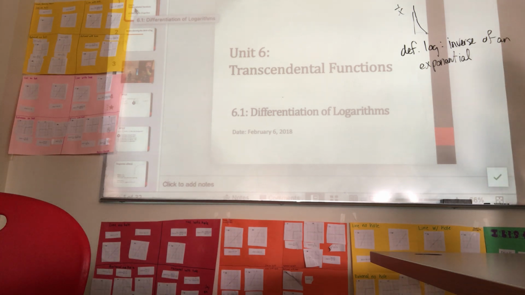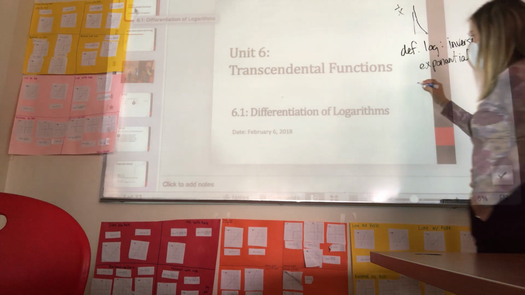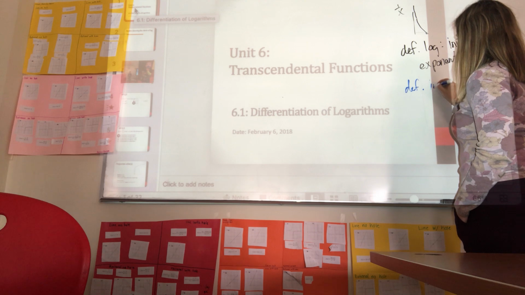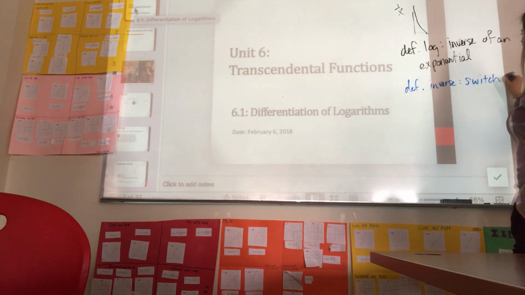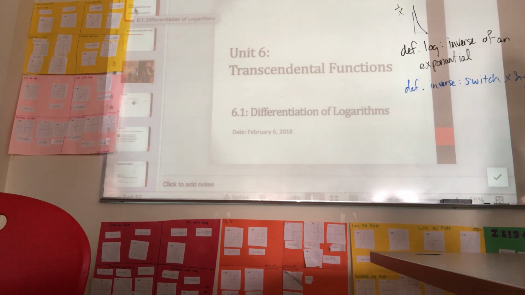But there are different kinds of opposites in math. Opposite signs, like reciprocal is kind of an opposite. If you switch x and y, that's also kind of opposite. That's what inverse means. So let's define inverse: switch x and y.